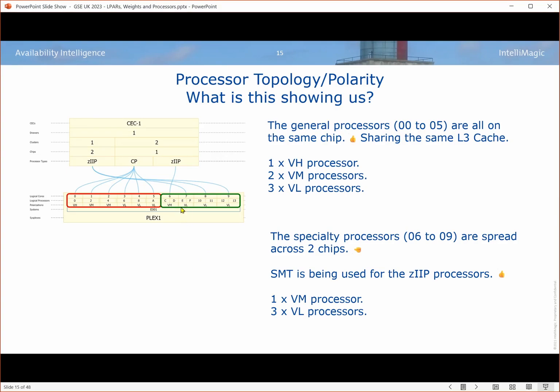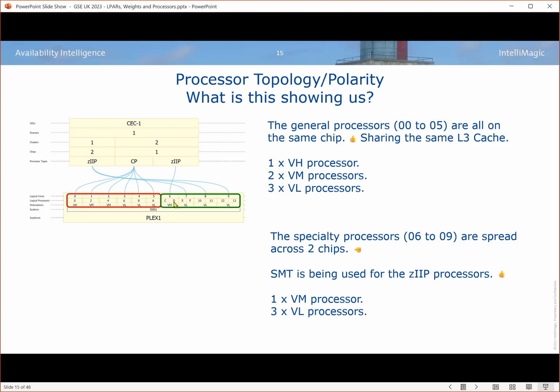And for this particular LPAR, we have 3 vertical low processors, and they're all defined on chip number 2 in a different cluster. That's why I have a thumbs to the side saying, okay, maybe that's not ideal, but that is the way it is, okay?